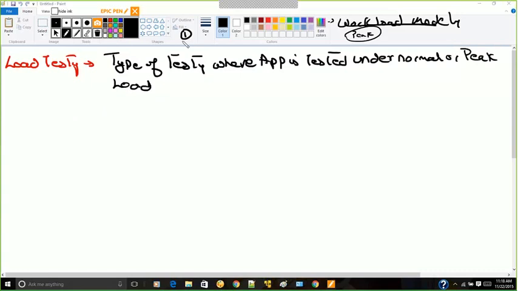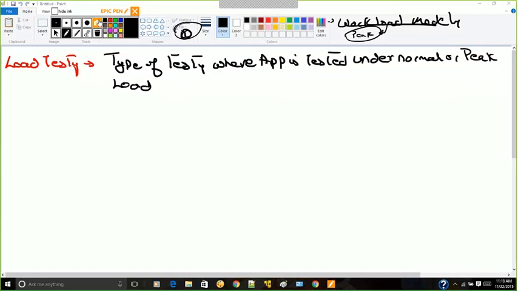There are three concepts we need to know: ramp up, steady state, and ramp down. We'll learn those concepts day to day as we go through performance testing. But just remember that the test is always run for 1 hour. So we find out the peak load from workload modeling and then run the test for 1 hour. That is what you call a load test.